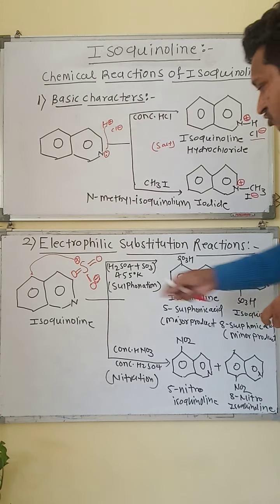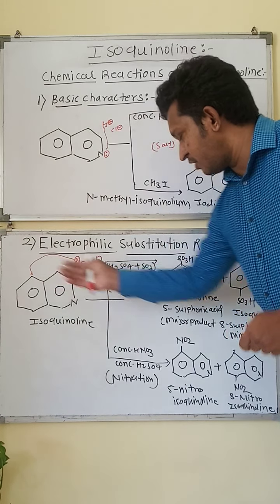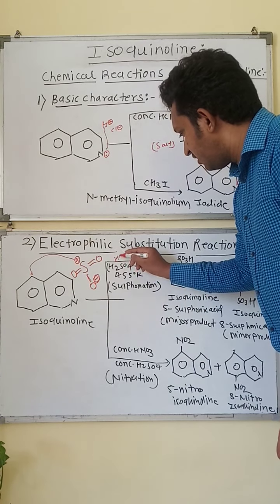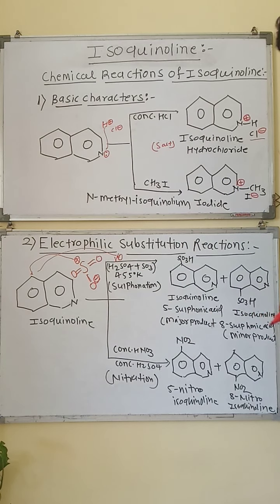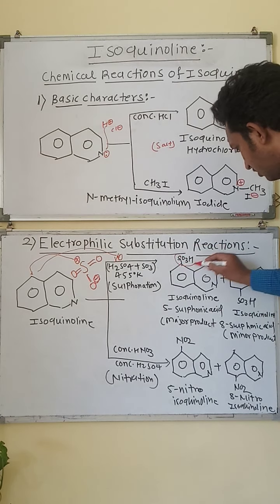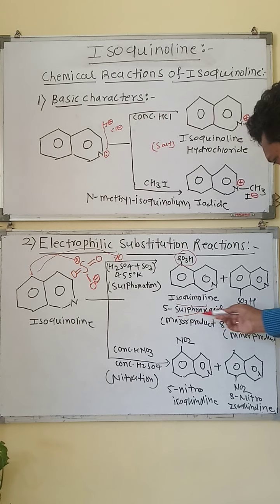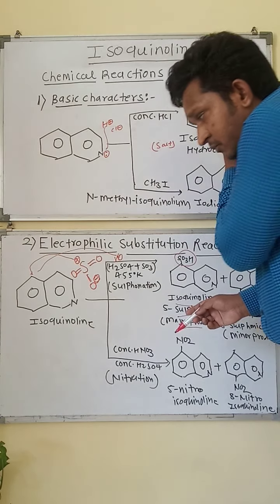That is the introduction of this sulfur trioxide group on the 5th position, and the hydrogen from the sulfuric acid goes toward this sulfonic group. So we get the 5-sulfonic acid, called isoquinoline 5-sulfonic acid. It is the major product.